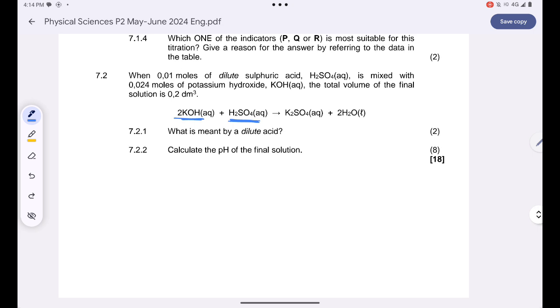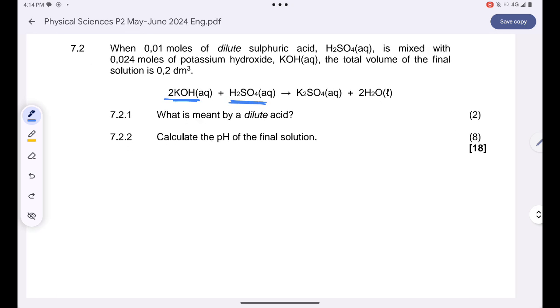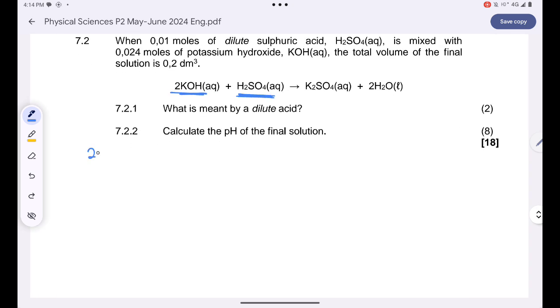Before we find the pH, we must find the reagent in excess as well as the limiting reagent. I know that I need 2 moles of my potassium hydroxide to produce 1 mole of H2SO4.